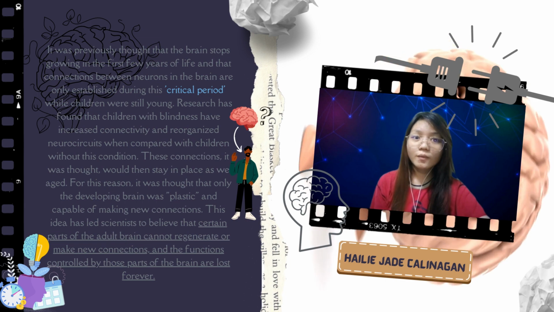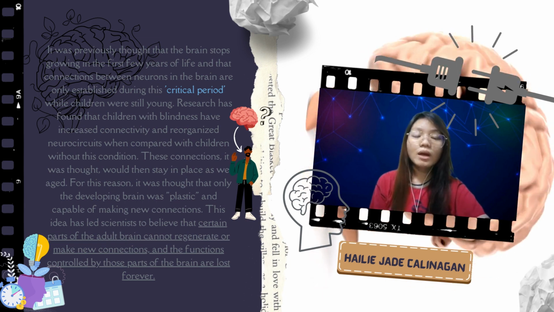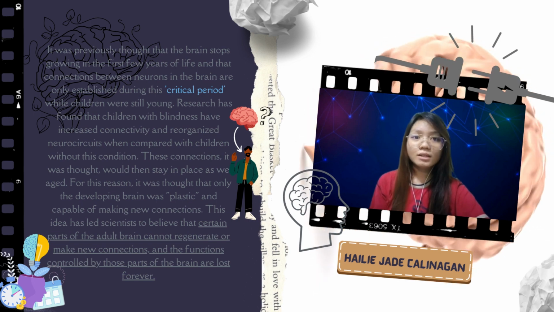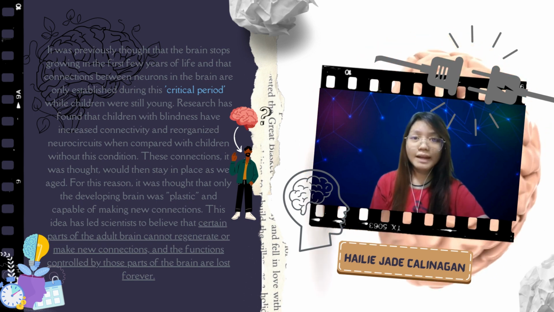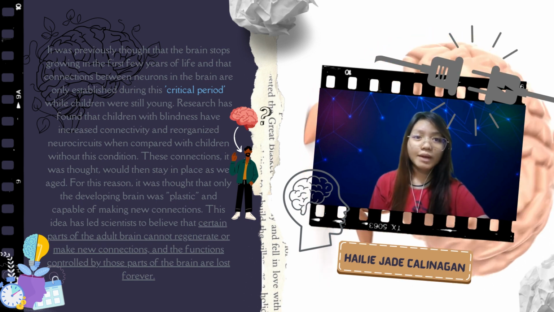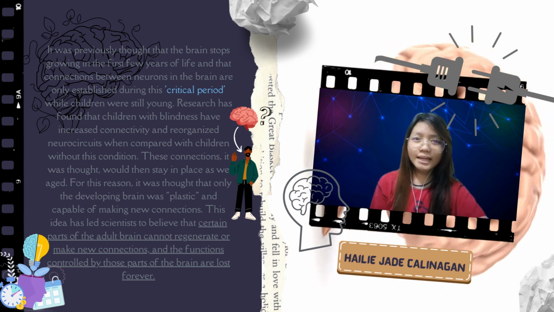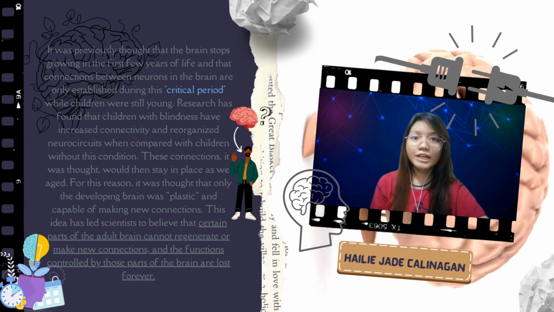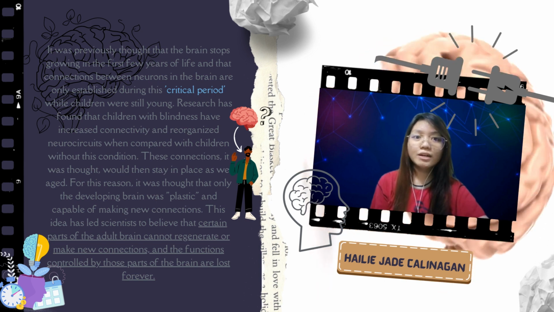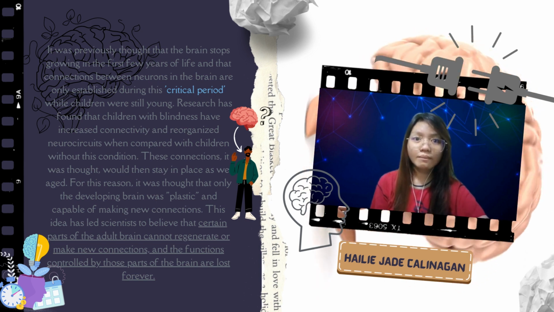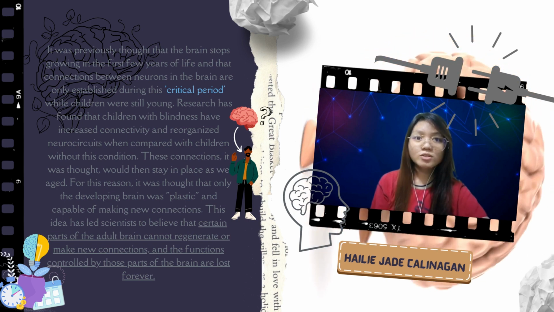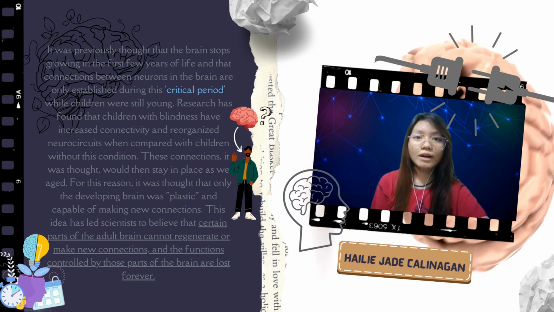These connections, it was thought, would then stay in place as we aged. For this reason, it was thought that only the developing brain was plastic and capable of making new connections. This idea has led scientists to believe that certain parts of the adult brain cannot regenerate or make new connections, and the functions controlled by those parts of the brain are lost forever.